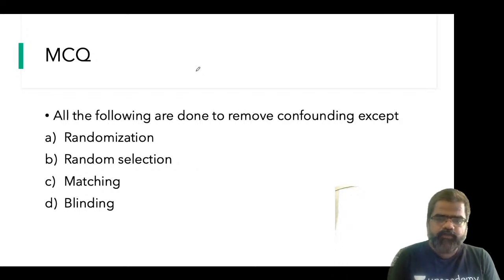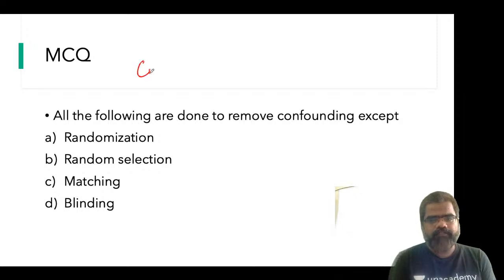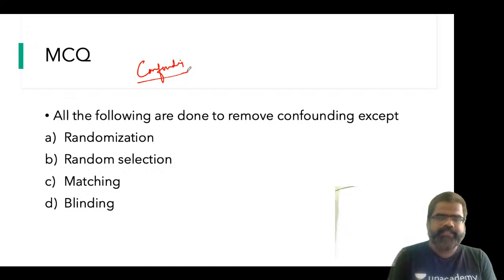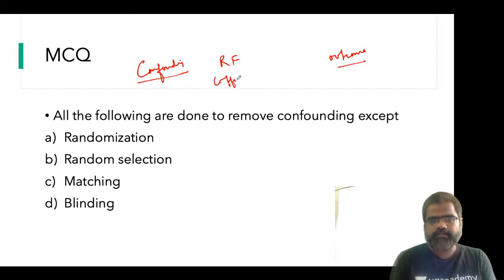Okay, students, we have to understand. See, what is confounding? Confounding is a factor which is associated with the risk factor, and which is also associated with the outcome. Suppose I take here coffee with sugar, and here I write MI, myocardial infarction.